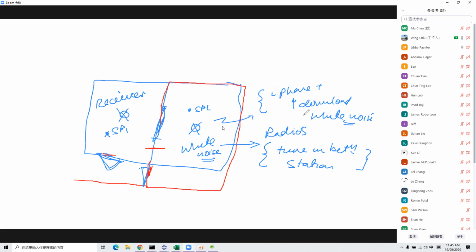Play it from your laptop, which is a much more powerful noise source, and then you should be able to get an idea of what the transmission loss looks like. Okay, thanks. No problem.